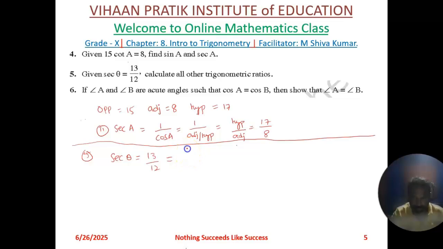So 1 by cos represents 13 as hypotenuse and 12 as adjacent. So what we need to find out is the opposite. Now this problem I leave to you. Just work it out, and later if you have any doubts you can ask me.